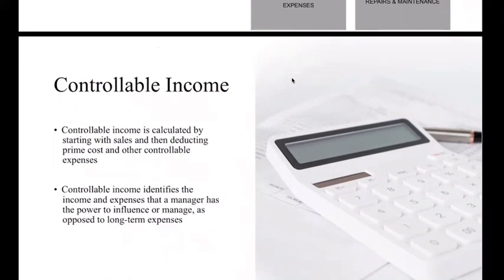So the first one is familiar. Starting with the sales, and when I get all the total sales, we deduct the prime cost and other controllable expenses. So later I will show you how to calculate in that chart.